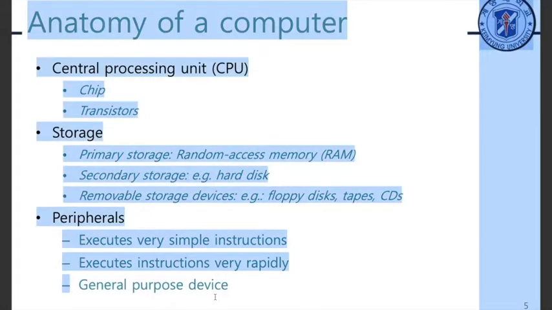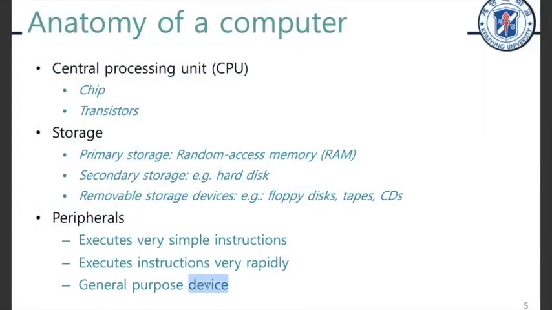Why we call them general purpose devices is because they are only responsible for doing a simple task. So for instance, your CPU can play media, or it can allow you to browse on the internet, or it can allow you to write your essay on Microsoft Word.